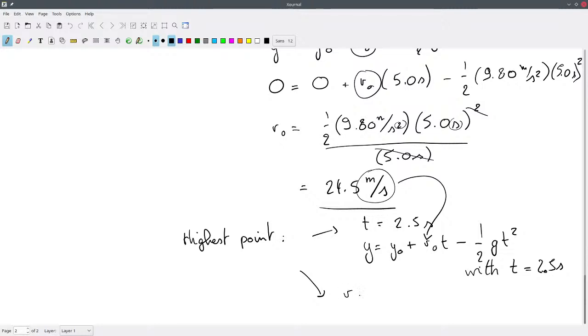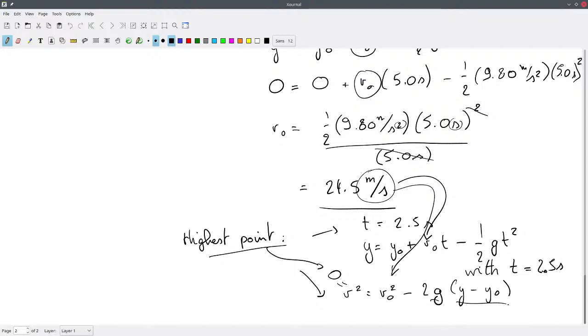So we can use v squared is v0 squared minus 2g (y minus y0). In this case, the velocity is 0 at the highest point. That's instantaneous velocity is 0. We still know v0 here, and we know g, and so we can just calculate y from this. In both cases, we should of course find exactly the same answer, right?